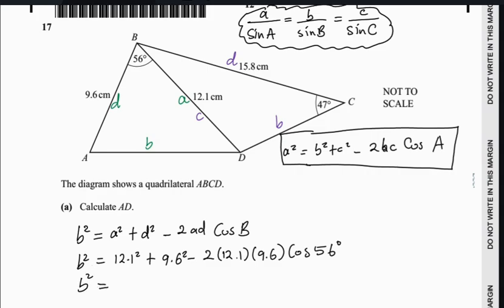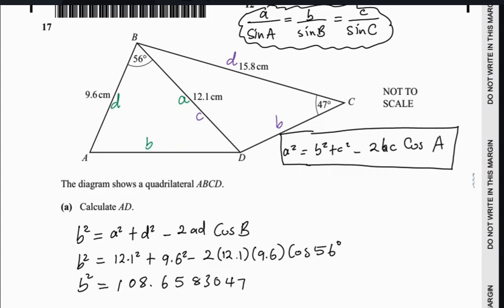So we have b squared equal to 12.1 squared plus 9.6 squared minus 2 open bracket 12.1 close bracket open bracket 9.6 close bracket cos 56, equals, I'm getting 108.658347.